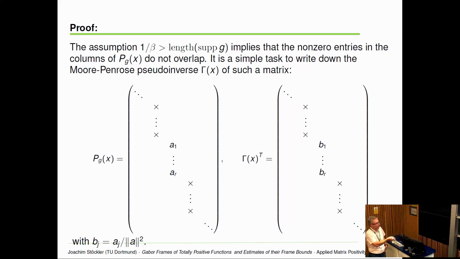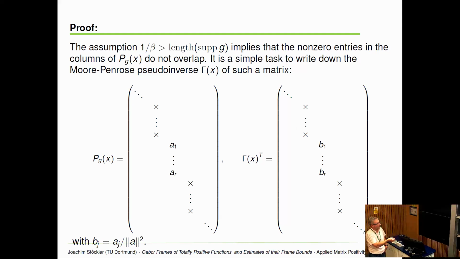So I'm in the support interval of G in my 0th column. Now I step 1 column to the right and change my arguments by 1 over beta.